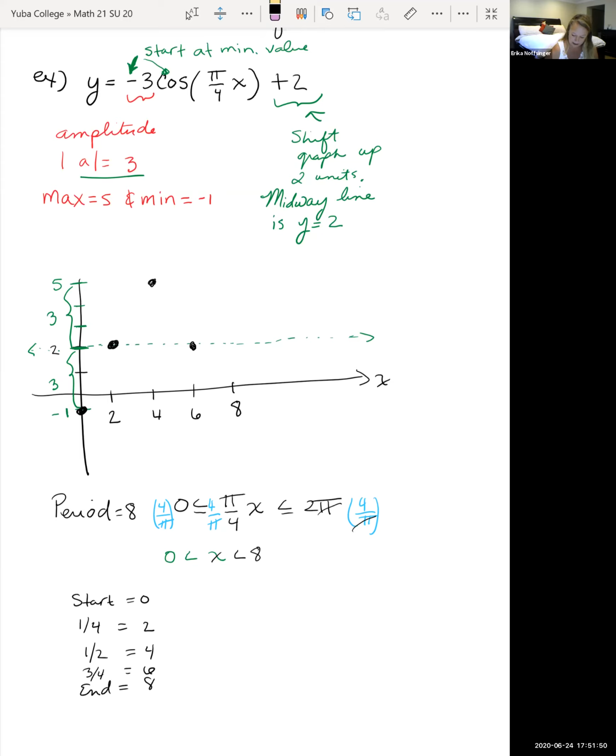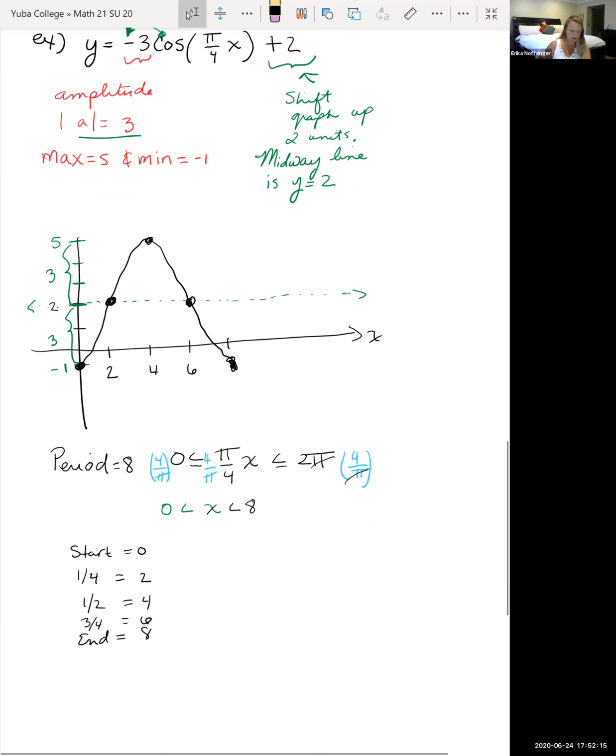And at 8, we're going to hit our minimum, which was -1. So it pretty much follows what we were doing, except for that vertical shift. Just think of that midway line as what would have been the x-axis, where we would hit it on one of those points or multiple of those points.